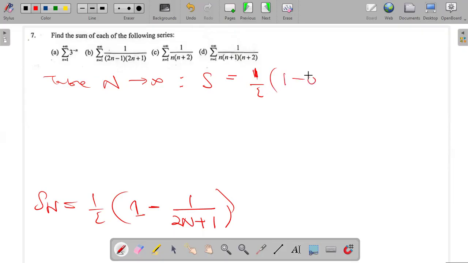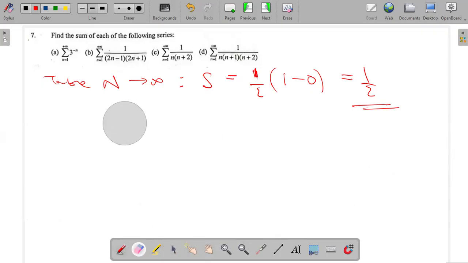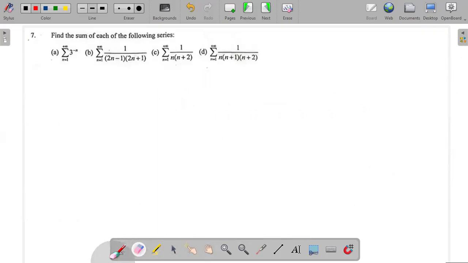So that is going to give you half. So like that, that's going to be your sum for this one. All right, very involving, but we're done.